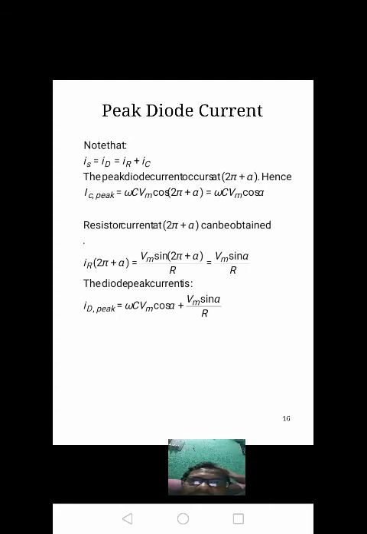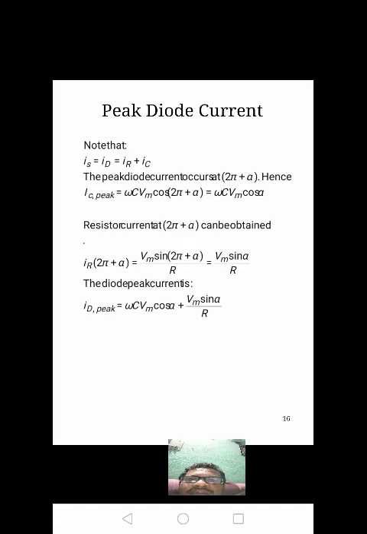The peak diode current occurs at 2 pi plus alpha. Hence, IC peak is equal to omega C into Vm cos of 2 pi plus alpha, that is equal to omega C into Vm cos alpha.